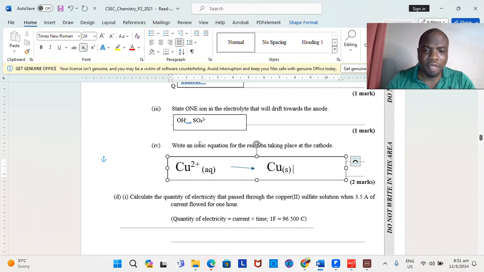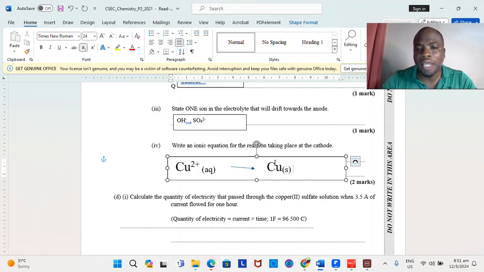So the charge right here for the copper is 0. If I'm moving from 2 plus to 0, it means that my oxidation number is decreasing. And since my oxidation number is decreasing, reduction is happening at the cathode. And overall, once you have electrolysis, reduction is always happening at the cathode.